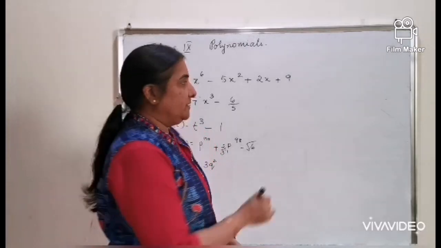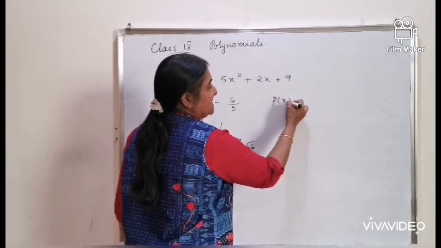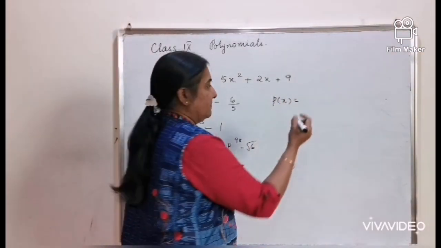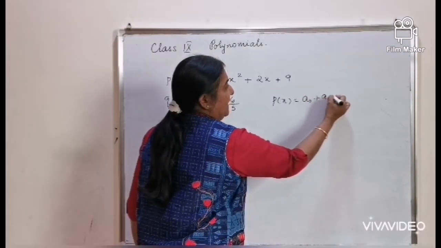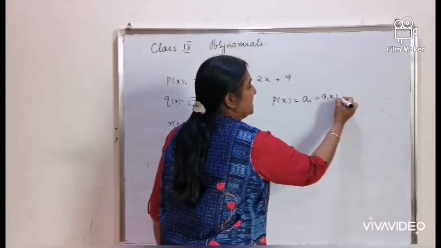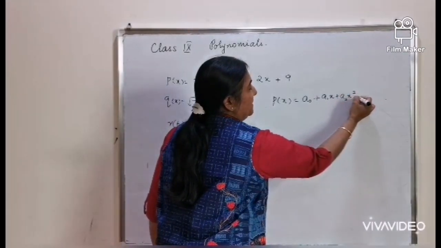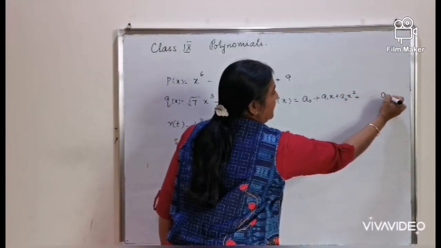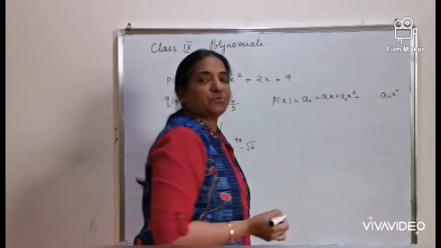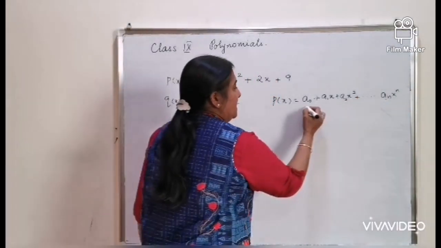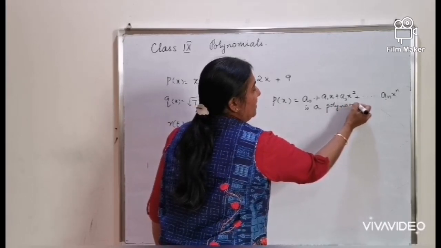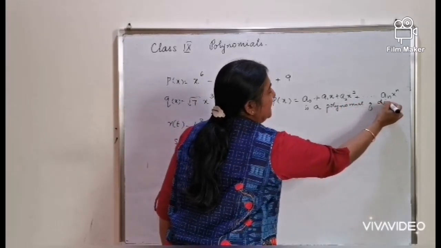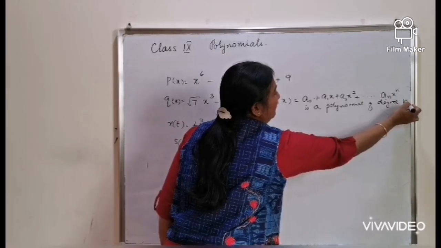An expression p of x is equal to a0 plus a1x plus a2x square plus etc. an x raised to n is a polynomial of degree n.